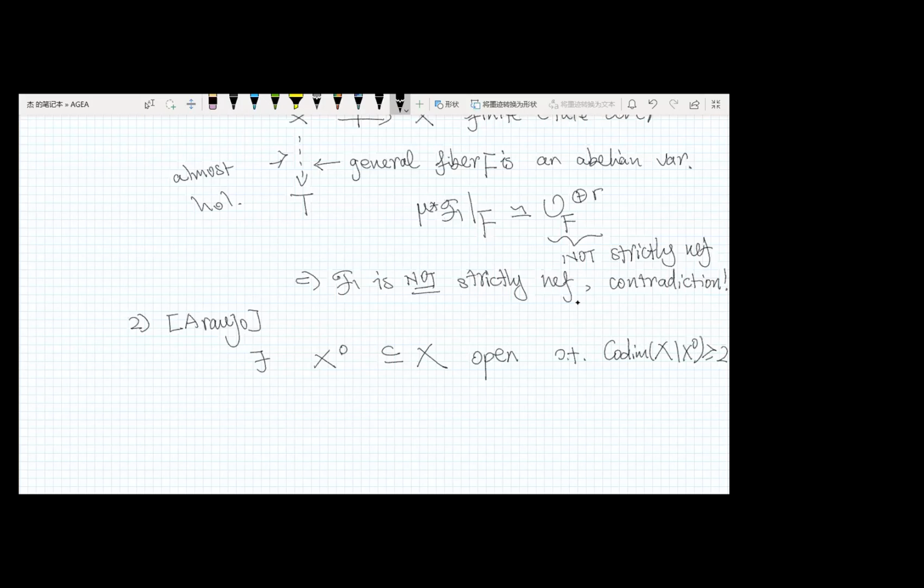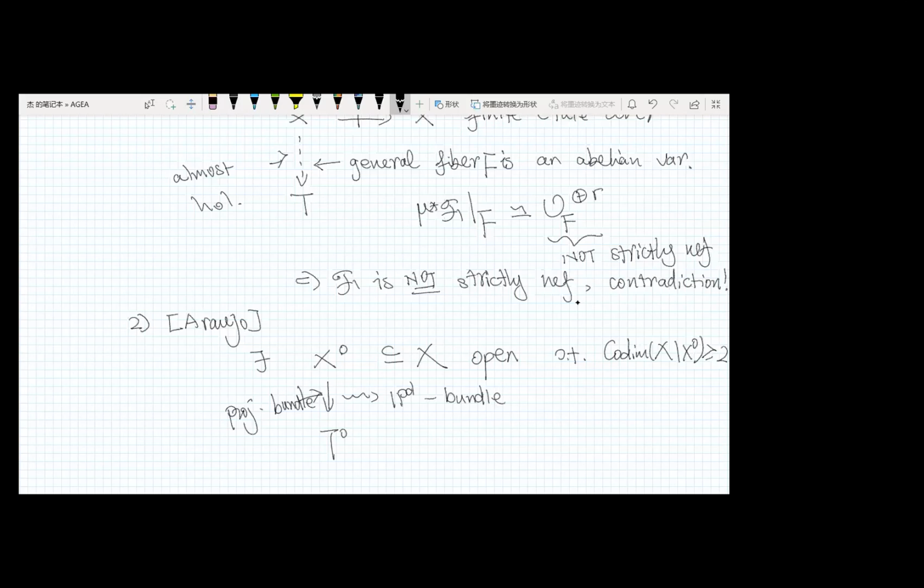And in this open subset, it's a projective bundle. Maybe a P^d bundle. Okay, in my talk.